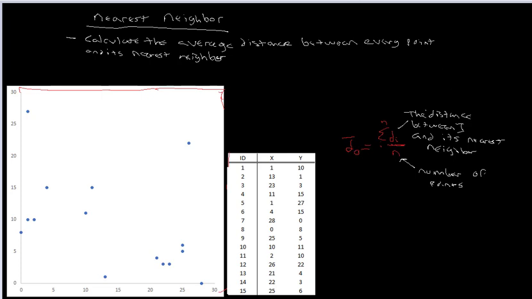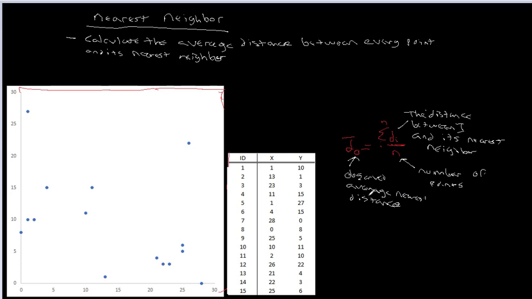So this is the observed average nearest distance.